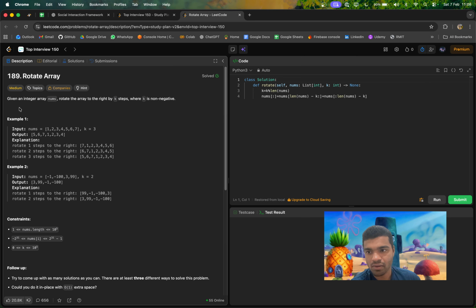So you can see how you're given an array, a list of numbers. What your duty is to rotate the array to the right by k, where k is a non-negative integer. Rotate as in just shift it to the right hand side. So you'd be using a programming language of your choice and also some sort of an algorithm.